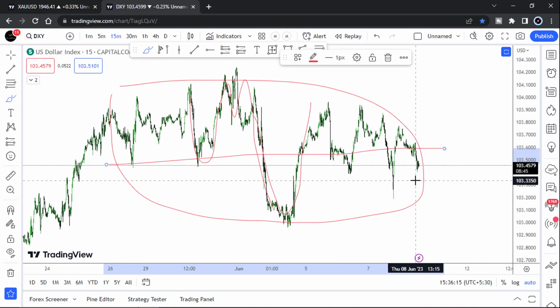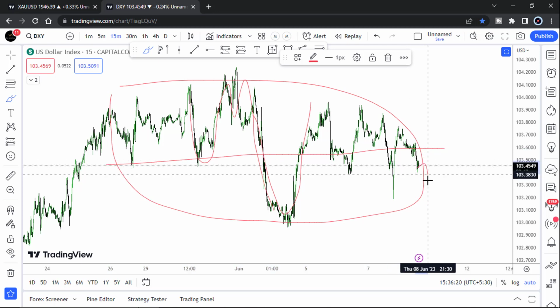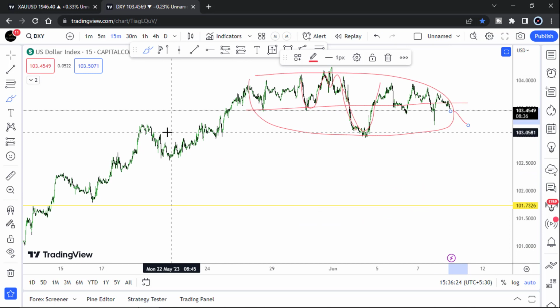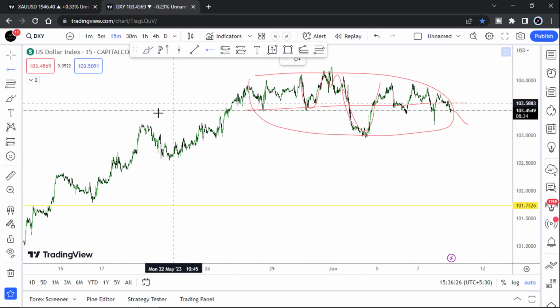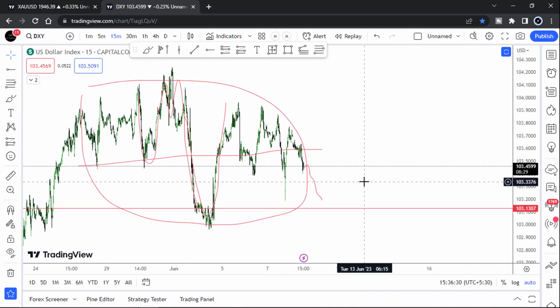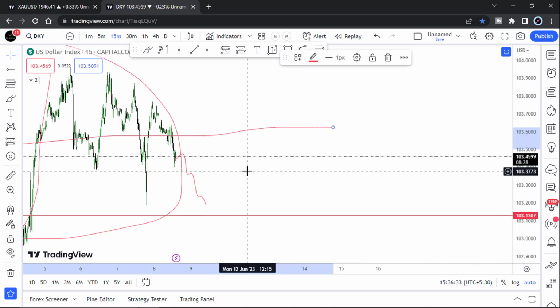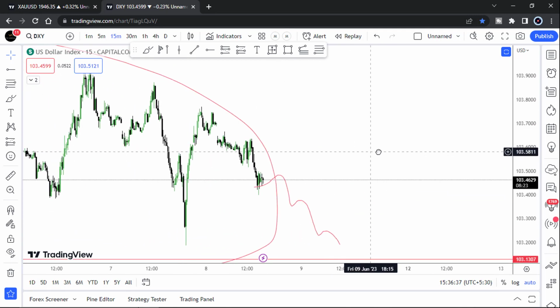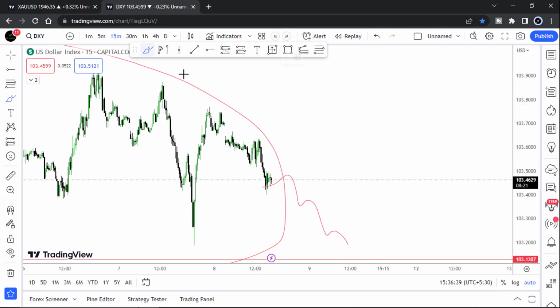But somehow I'm expecting another slow, weak down move up to around this area, which is a strong area, right? So we can expect this market down move, at least very slowly, to this area. I think you might see my trade setup here.